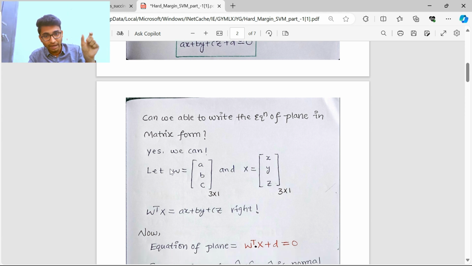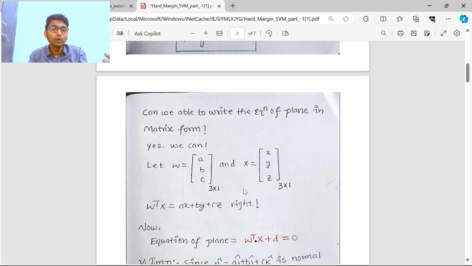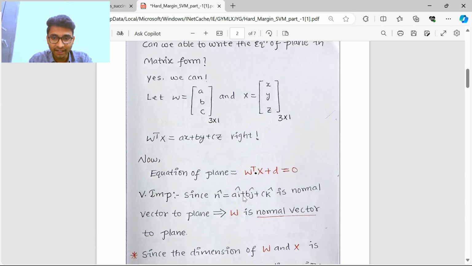Take W, a matrix with the coefficients of the normal vector a, b, c, and the variables, nothing but the coordinates x, y, z, in a matrix capital X. Now W transpose dot X will be ax plus by plus cz, right? Now the equation of a plane is nothing but W transpose dot X plus d. Why W transpose? For matrix multiplication.